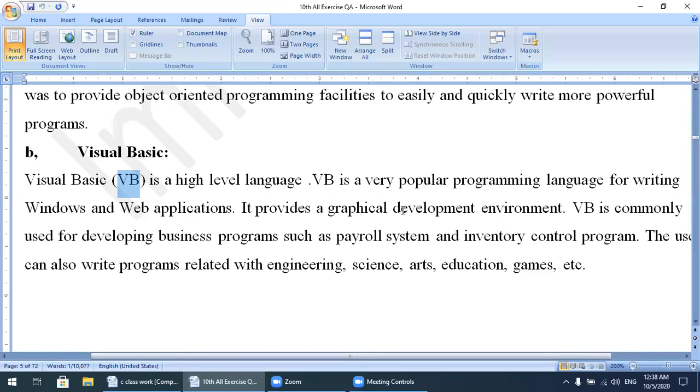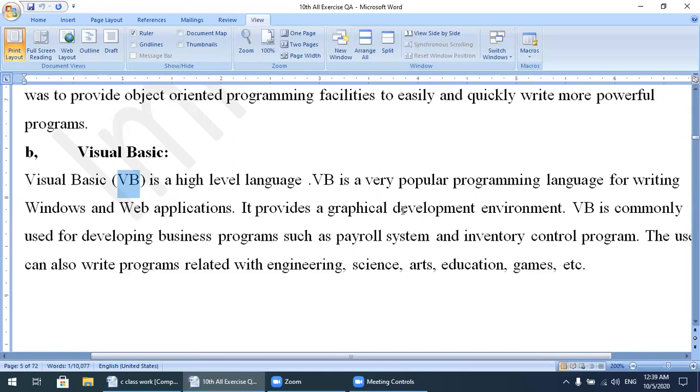It is used for developing business programs such as payroll systems and inventory control systems. It can also be used for engineering, science, arts, education, games, etc.